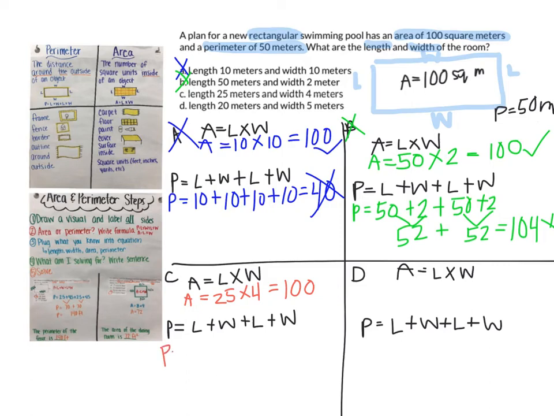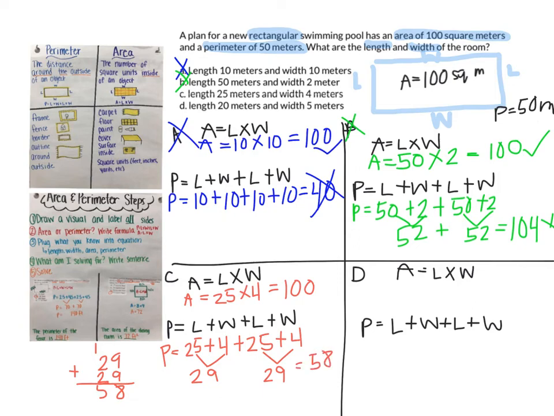Perimeter equals 25 plus 4 plus 25 plus 4. 25 plus 4 is 29. 25 plus 4 is 29. We can stack to add. 29 plus 29 equals 58 meters.